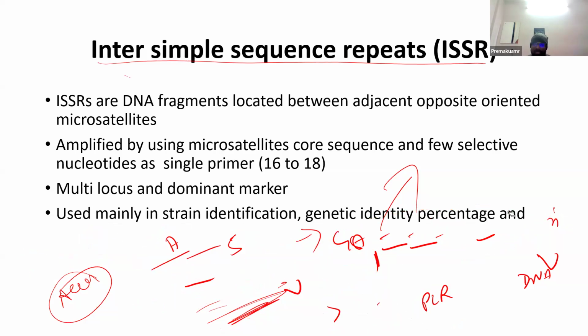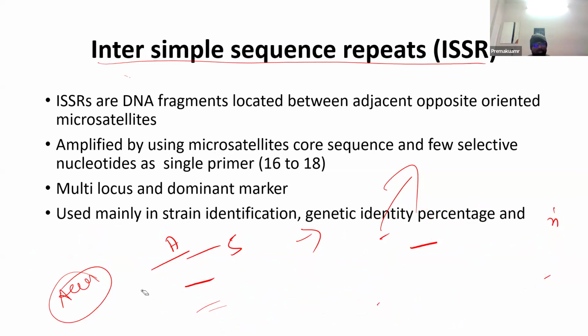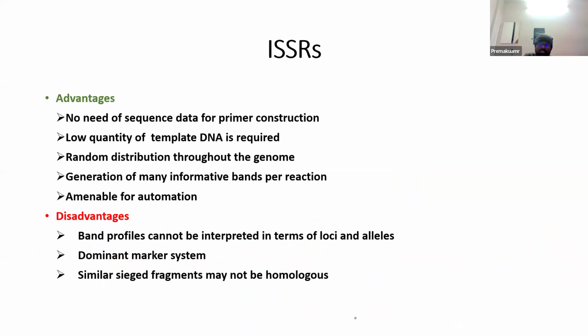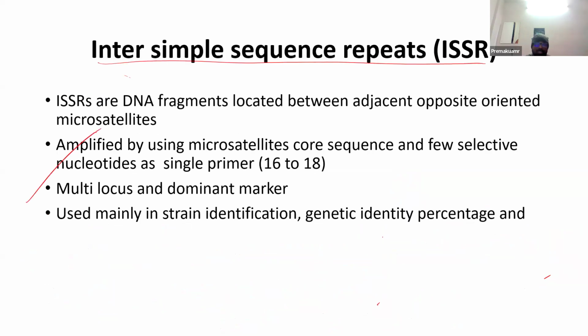It's a dominant marker. It is also unable to distinguish heterozygote and homozygote. Understood what is ISSR? Yes, sir. Just remember it's a multi-locus and dominant marker system. It's mainly used for identification of genetic diversity percentage. These are similar to every marker.